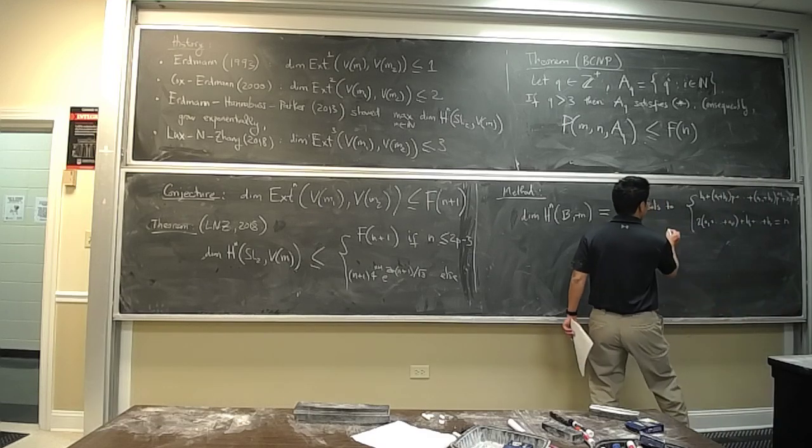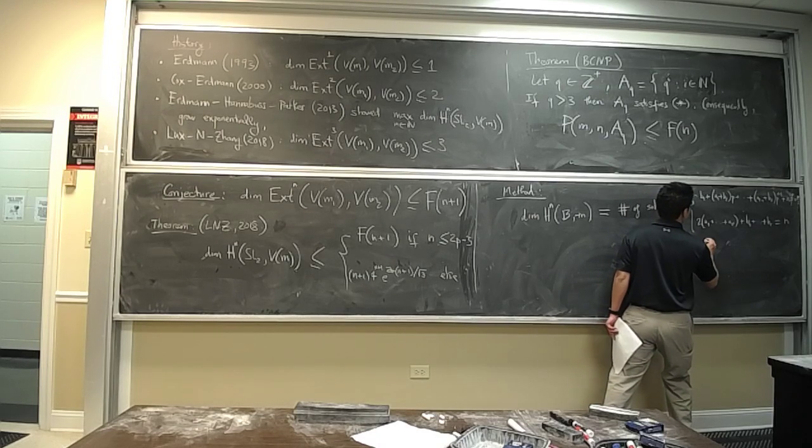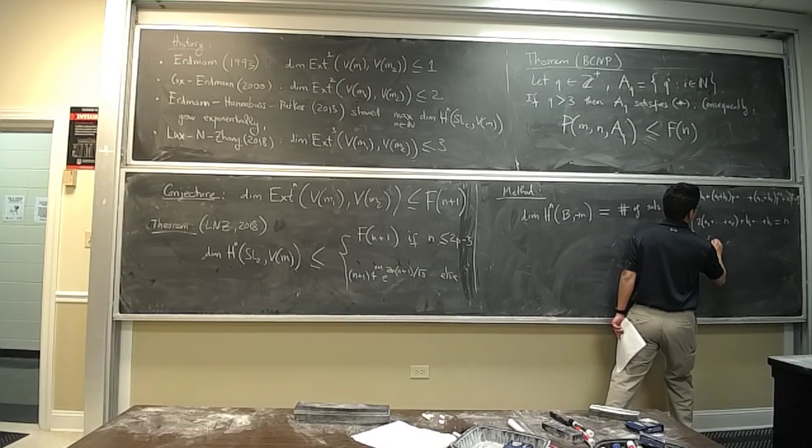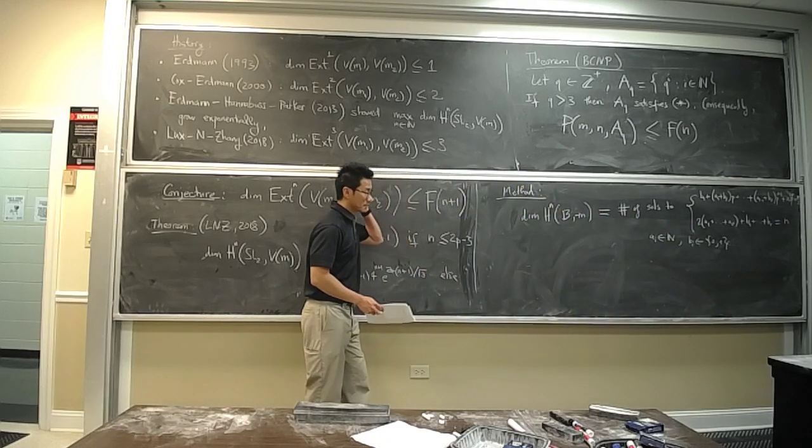Here the a sub i belong to the natural numbers, and b sub i is either 0 or 1.